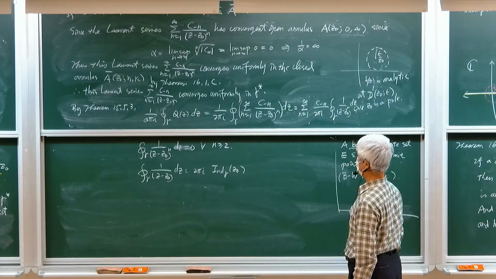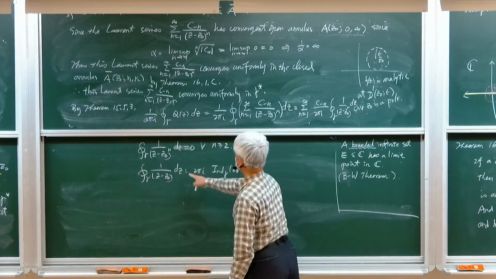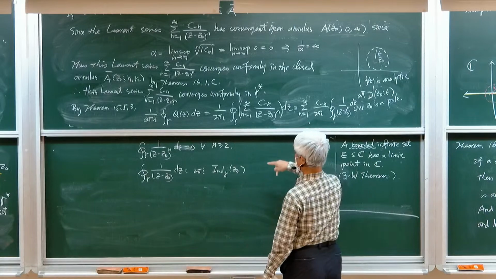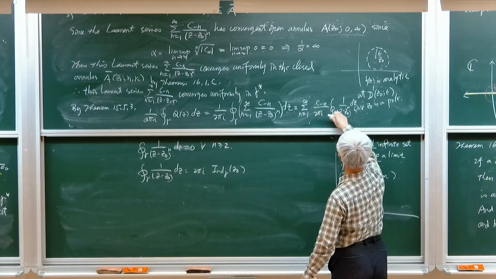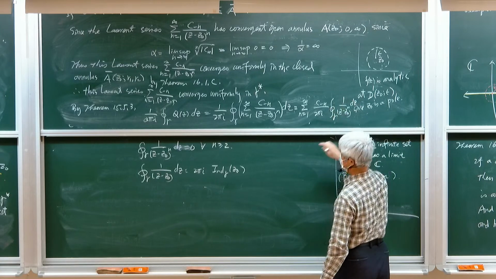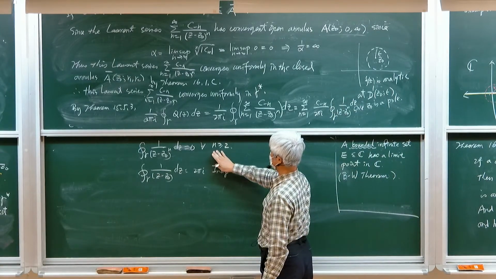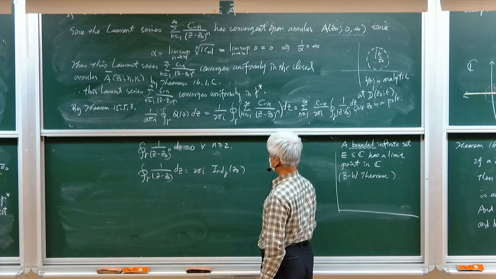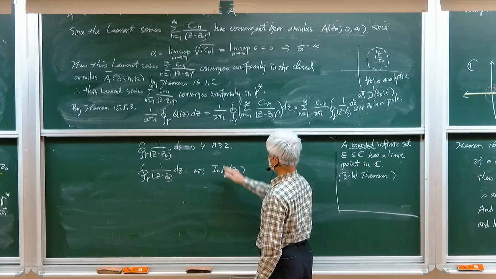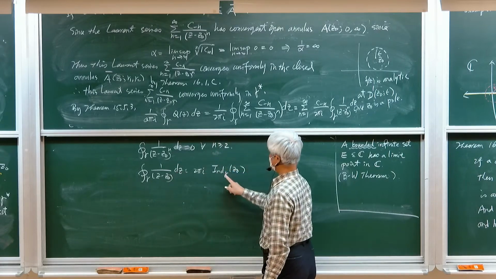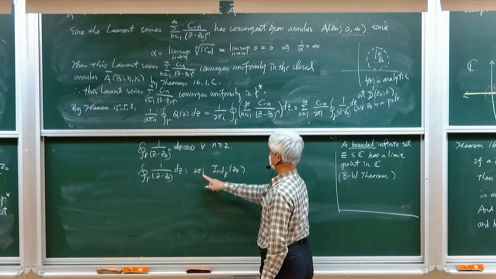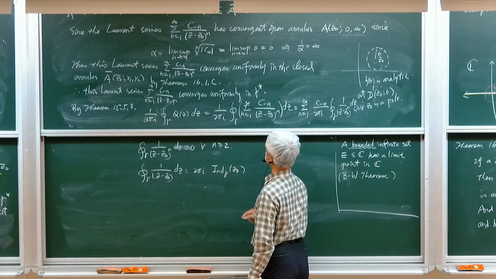For n greater than or equal to 2, this integral is 0, as we have known in chapter 14. But when n equals 1, this is just by definition of the index, 2 pi i times the index of z.